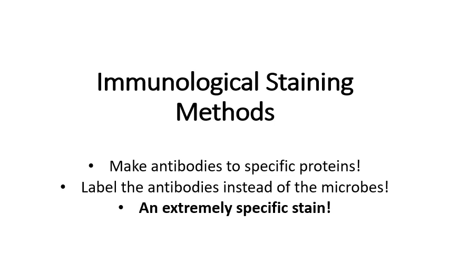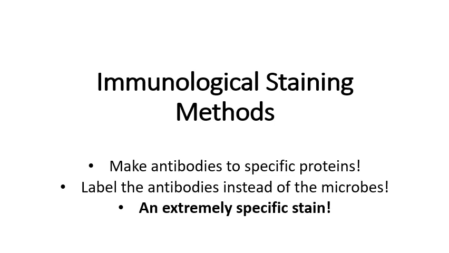Okay, if we're going to do that, we can take advantage of the animal immune system. If you remember from first year, the immune system produces antibodies. Those antibodies will stick to one specific protein from a foreign invader, one specific foreign invading protein.